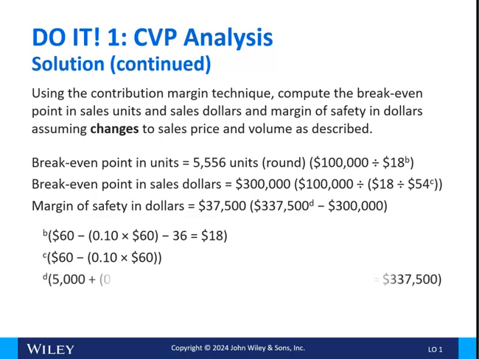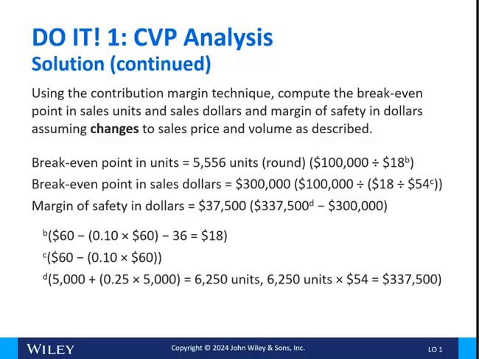So the $337,500 of expected sales. So after our changes, so 5,000 units plus 25% increase, so 25% times 5,000, that gives us 6,250 units.